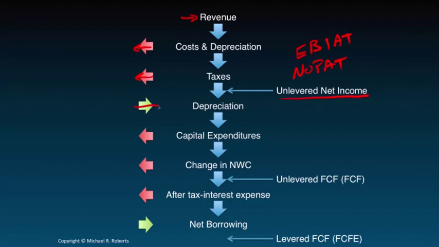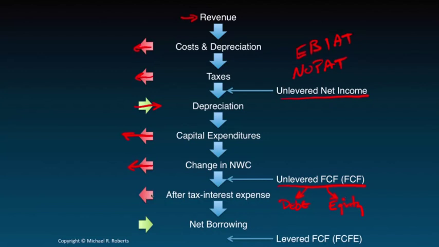Then we're going to add back in the depreciation because it's a non-cash expense. And again, that could be depreciation and amortization. We're going to subtract off our capital expenditures, our investment requirements. We're going to subtract off our investment in net working capital, the change in net working capital, and that's going to give us our unlevered free cash flows. These are the cash flows that can go to debt holders and equity holders.